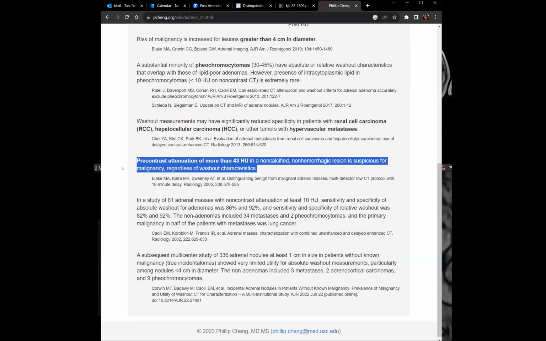If you see a strong degree of enhancement and washout, like if it goes to greater than 120 and then washes out, really avidly enhancing and washing out, then I get concerned that even though it's meeting the washout criteria, it's actually a pheo. I've seen several cases where we did the adrenal washout and said, oh, it's washout, it's adenoma, but actually it was avidly enhancing and turned out to be a pheo. If it's not an adenoma, it could be a pheo. Even some of these criteria could meet the adenoma criteria for washout and still be a pheo. So just take the washout with a caveat. Yeah, agree.